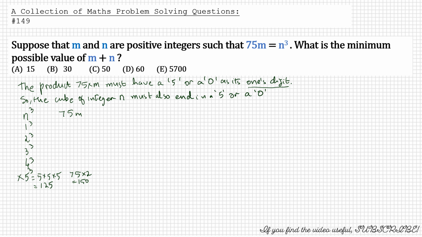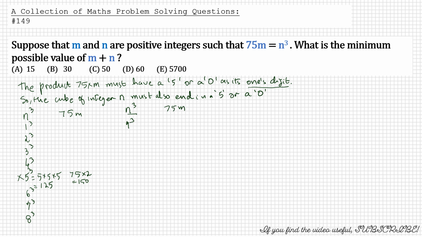So this won't work. So then we have 6 cubed, which won't work. 7 cubed, 7 times 7 is 49, times 7, 343, ends in a 3. And then 8 cubed will not work, no 5, no 0. Then again, if I continue, n cubed and 75m.